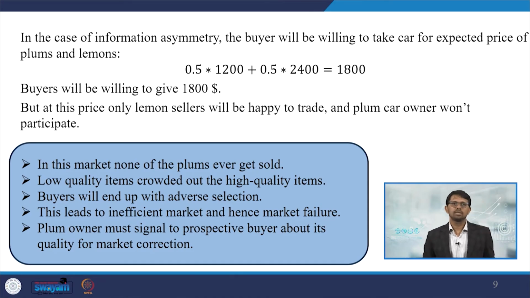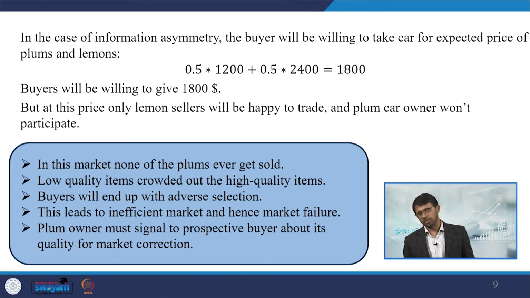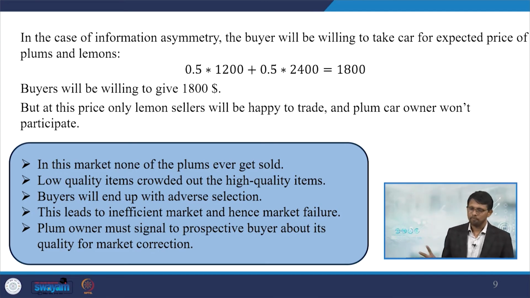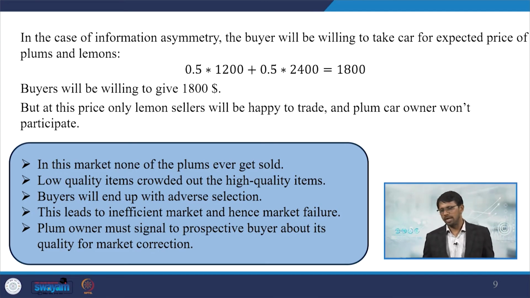But at this price only lemon sellers will be happy to trade. Plums are actually going out of the market. Hence, it seems that the bad quality segment is overcrowding the good quality.